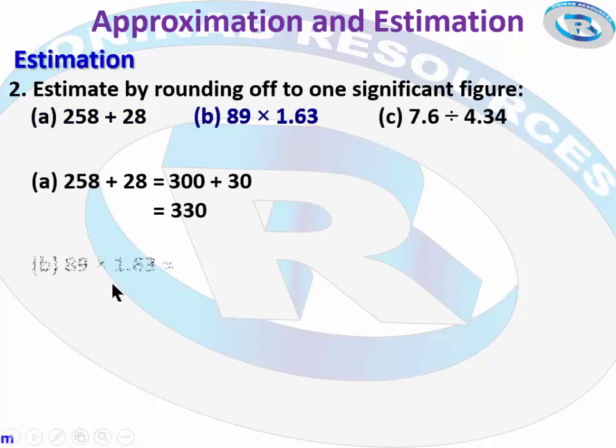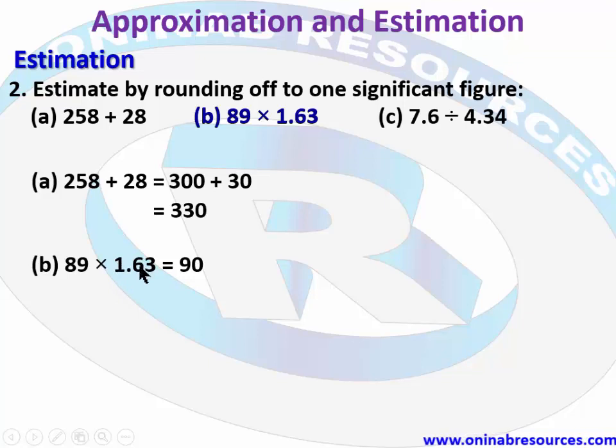Then for B, we have 89 times 1.63. So 89 to one significant figure, we pick this first significant figure, which is 8, add 1 to it, because we have 9 here, it becomes 90, then times 2. Because the first significant figure here is this 1, and the next digit is 6, which is between 5 and 9.